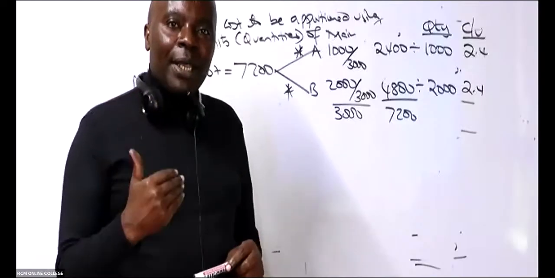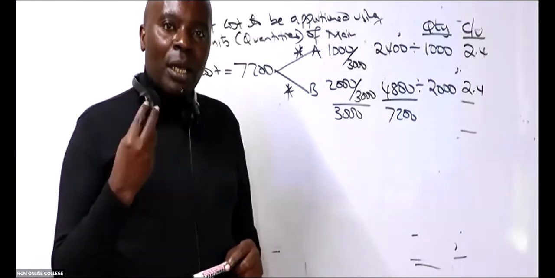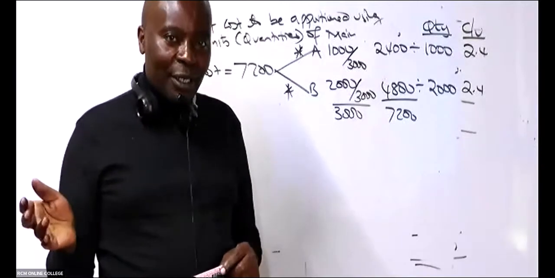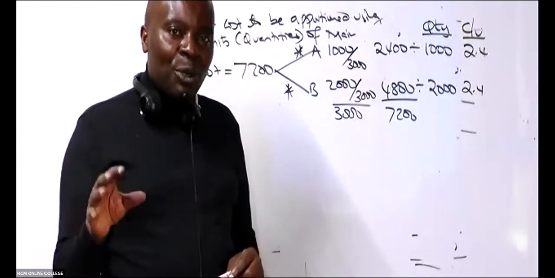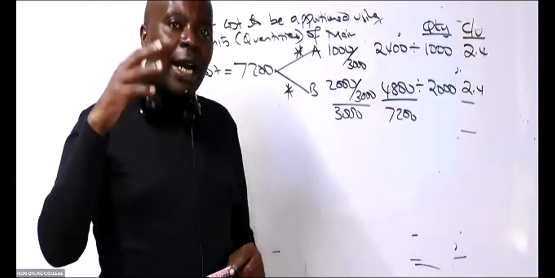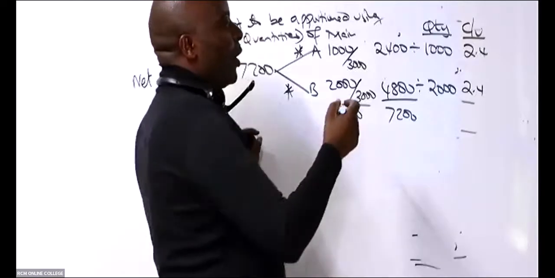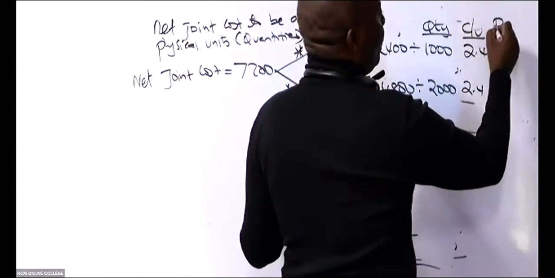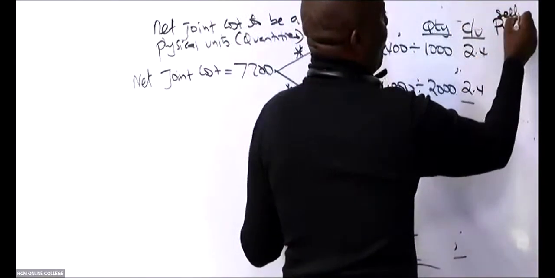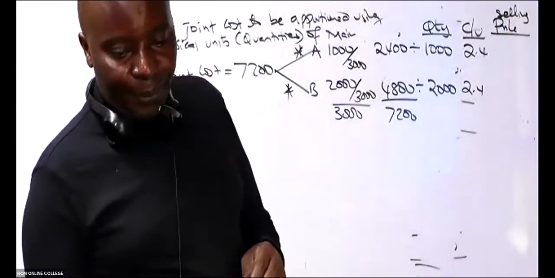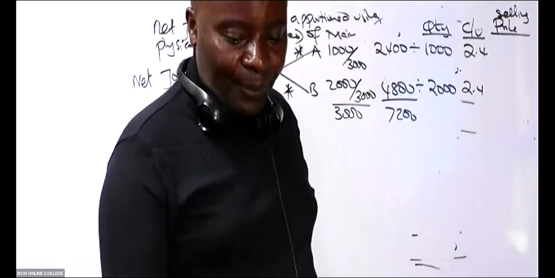You can't tell me that if I'm producing sodas, Coke and Fanta, they will cost the same. It's not possible. One major product will have a higher cost. And then they have given us selling prices. Are you able to remember the selling prices, my good students?